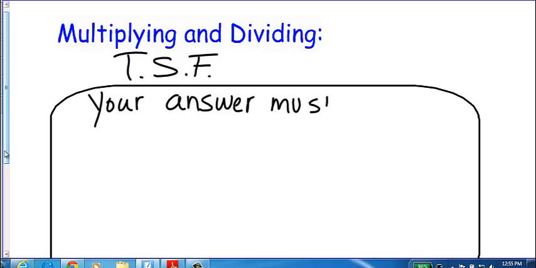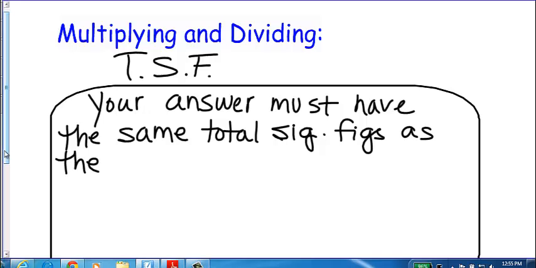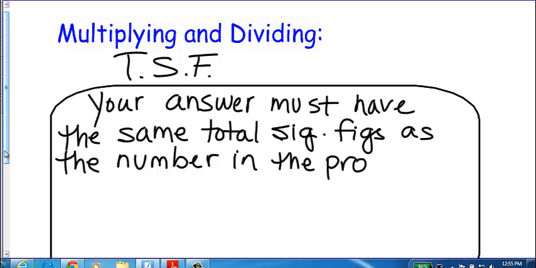must have the same total sig figs as the number in the problem with the least.